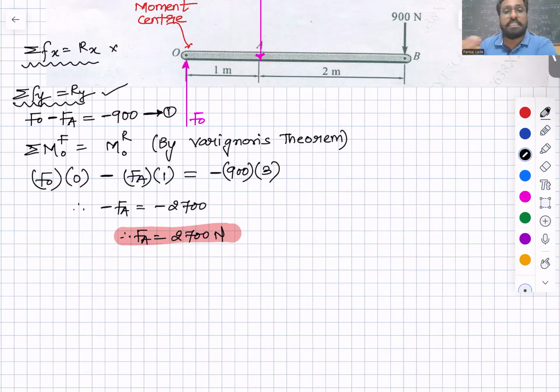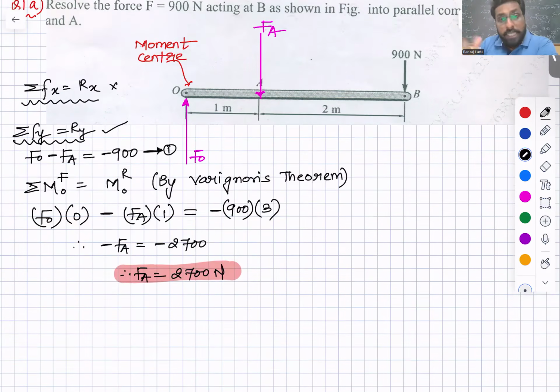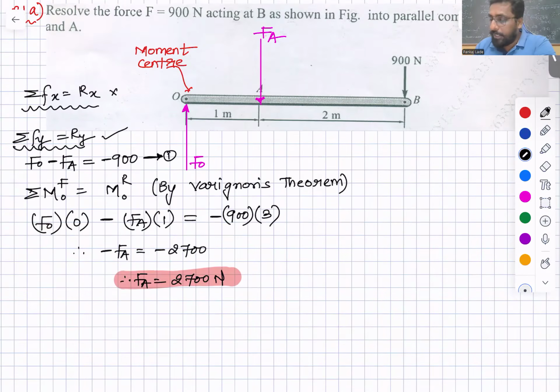FA का वैल्यू 2700 न्यूटन है, इसका मतलब अपवर्ड नहीं जा रहा है. वो डायरेक्शन हमने डाउनवर्ड लिया था और सॉल्व करने के बाद भी आंसर पॉजिटिव आया. इसका मतलब डाउनवर्ड डायरेक्शन लेके आंसर पॉजिटिव आ रहा है. That means the force is actually going in the downward direction.